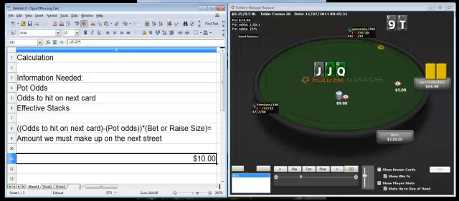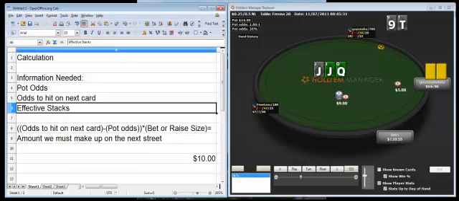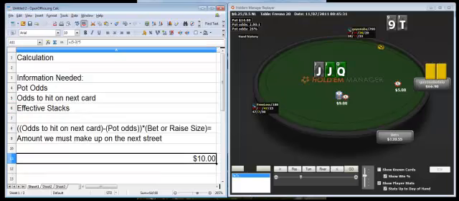The other factor we need to consider is effective stack sizes. If our opponent only had, let's say, $7 left in his stack, then calling would be pretty bad because we can't extract the $10 that we need, because it's mathematically impossible. The general rule, or at least what I've been taught, is usually about 2 times.